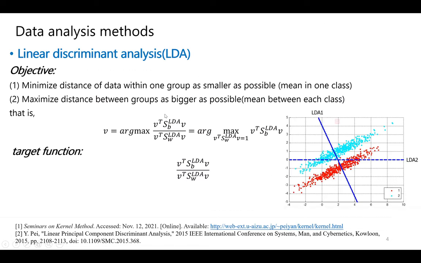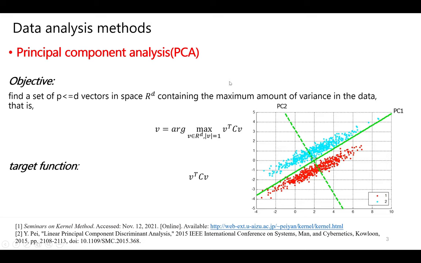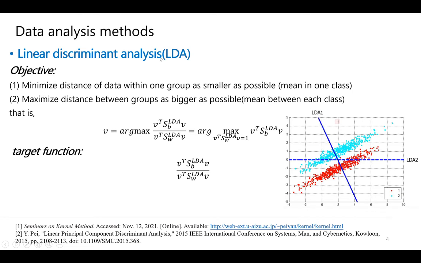As shown in the PCA, it has this objective of maximum variance of all the data. As shown in the LDA, it has 2 objectives: the minimal distance within group and the maximal distance between groups.